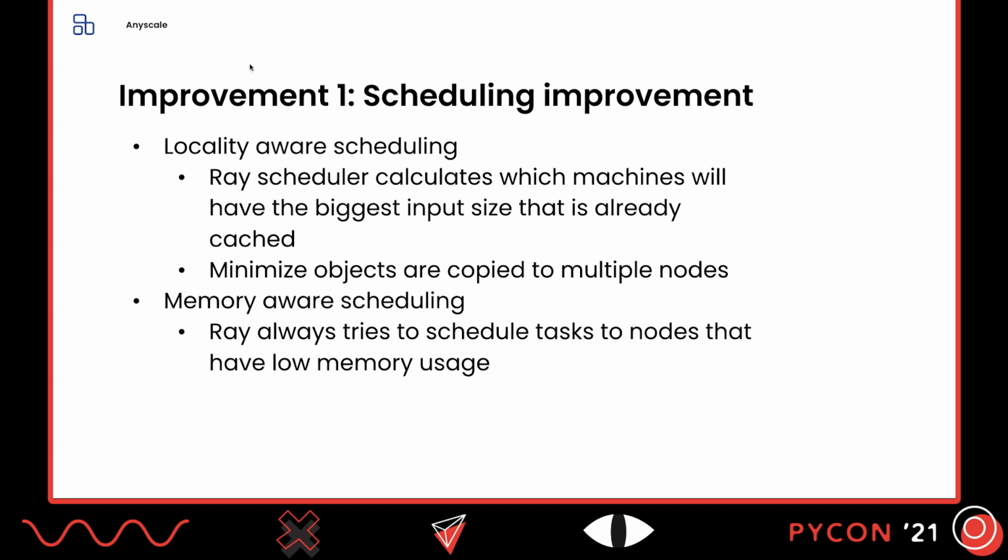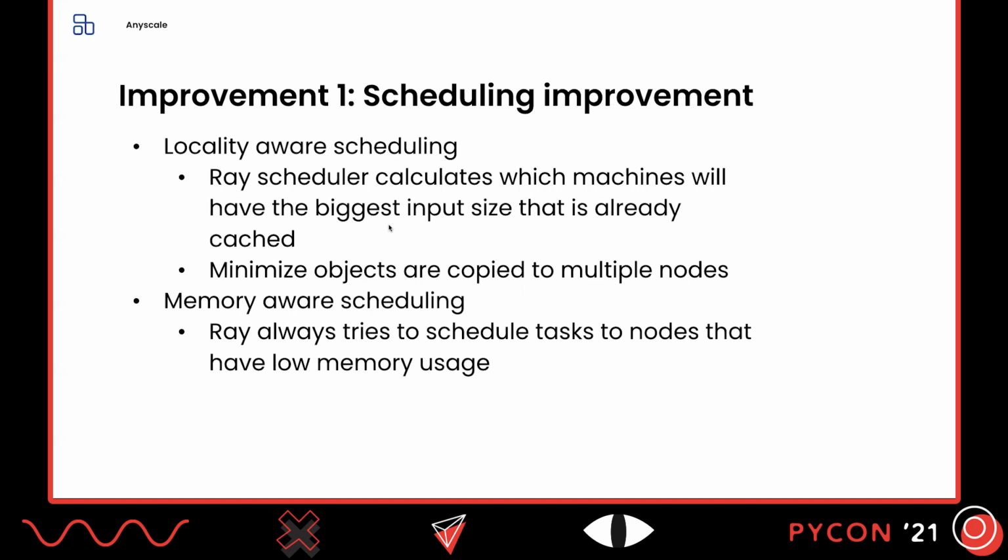And another optimization we've made is called locality-aware scheduling. So locality simply means when you're scheduling Ray tasks, you want to schedule on the machine that already has the objects that are needed for tasks. And previously, we didn't do that. And if we don't do that, the problem is all of these objects have to be transferred and copied to the machines that schedule tasks.